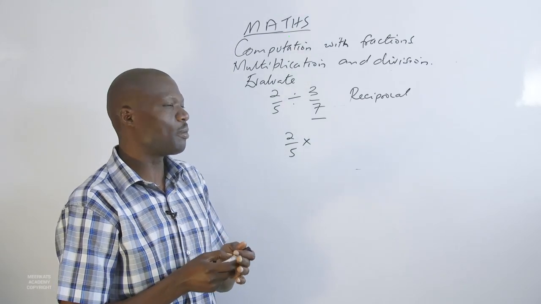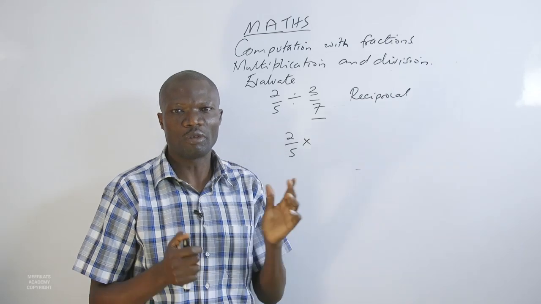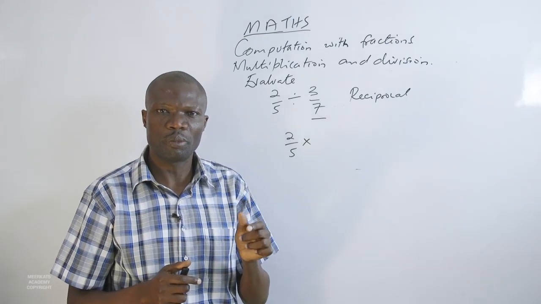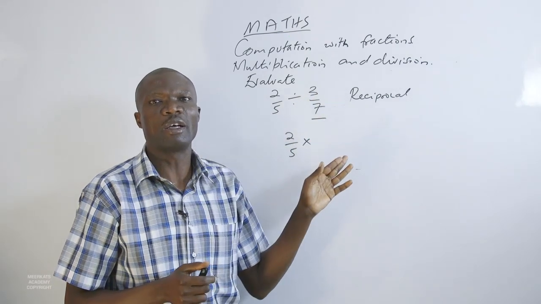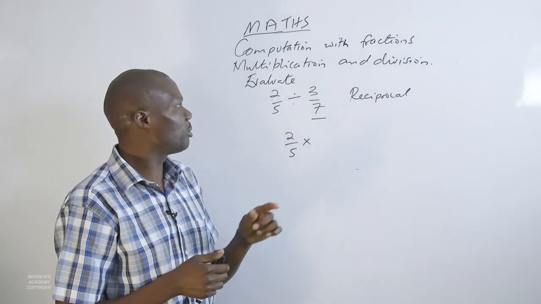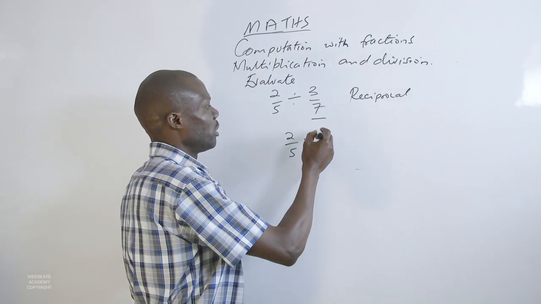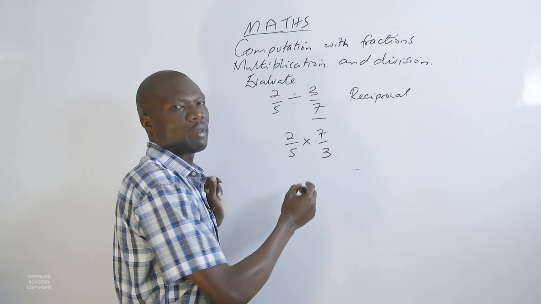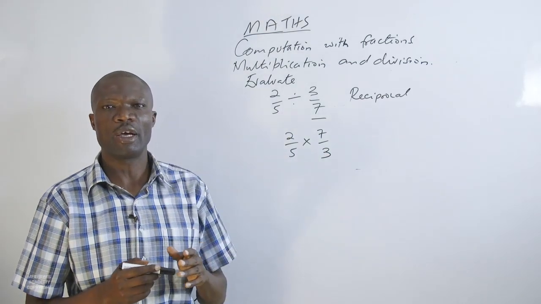You should have come up with the idea that to get the reciprocal of a fraction, we swap or interchange the numerator and the denominator, which means the reciprocal of 3 over 7 will be 7 over 3. So there we are.